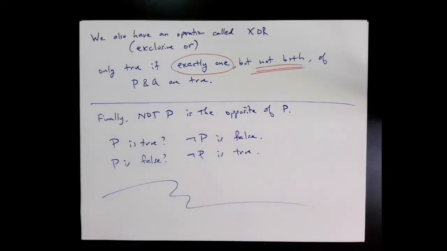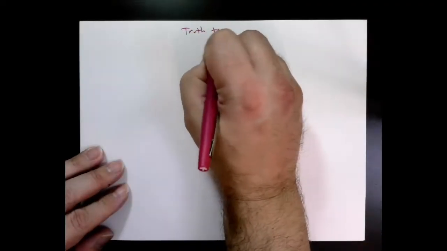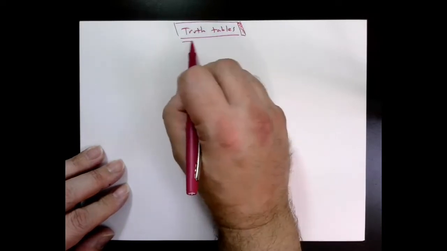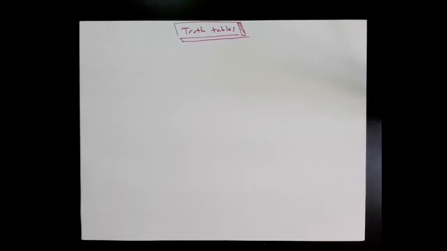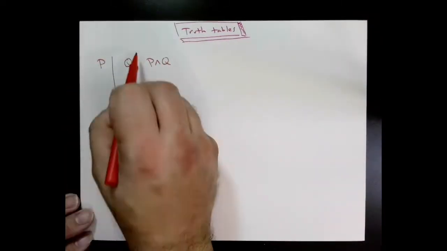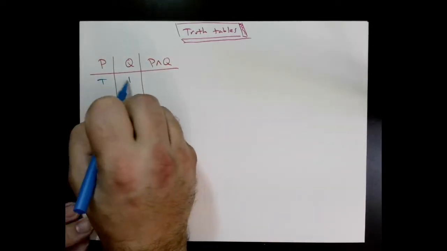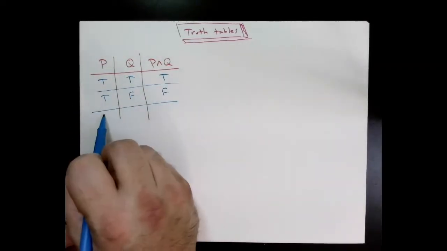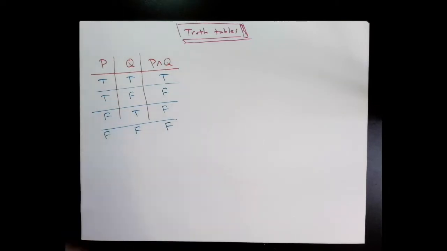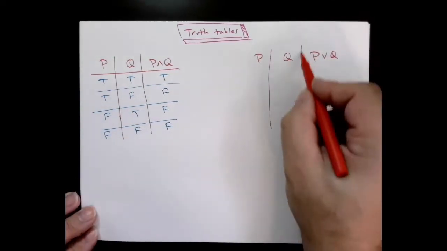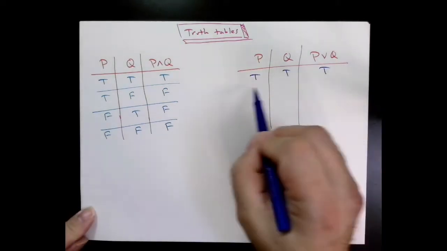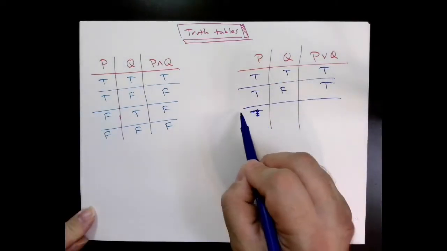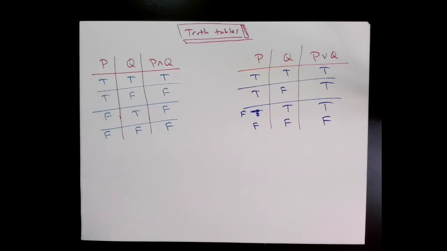One way to be more precise about this is to enumerate every possibility in an object that's called a truth table. Recall, if P and Q are propositions, each of them have to be true or false. And so the combination of P and Q means there's really only 4 possibilities. So we can always write down a 4-row truth table that tells us all the possibilities. So for example, if you look here, we have P and Q, and note that we have exactly one true value on the right-hand side.